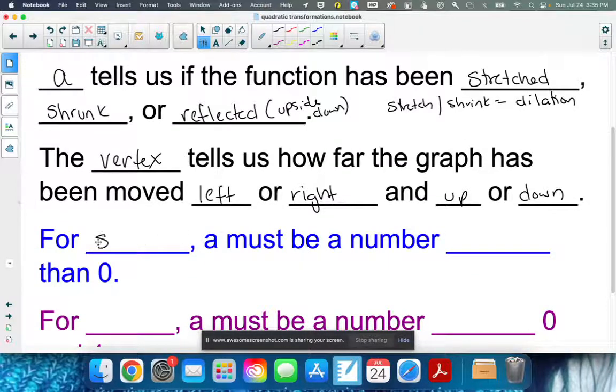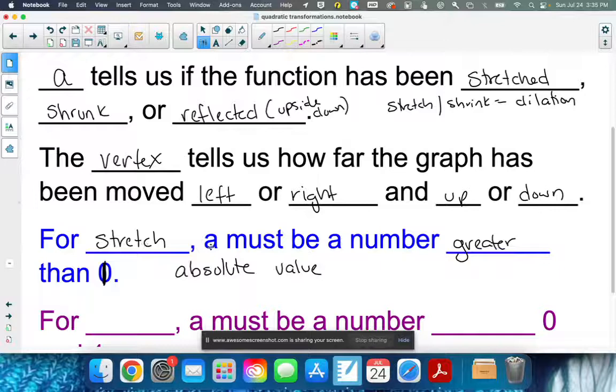Okay, so if it's going to be a stretch, a has to be a number that is greater than 0. And actually, that's not greater than 0. It's actually supposed to be greater than 1. Sorry about that. Greater than 1. Now, I need you to understand that it is the absolute value of the number that has to be greater than 1, because we're going to deal with negatives as well.